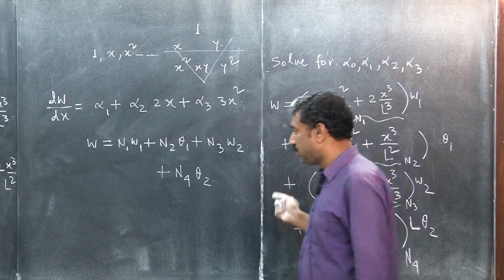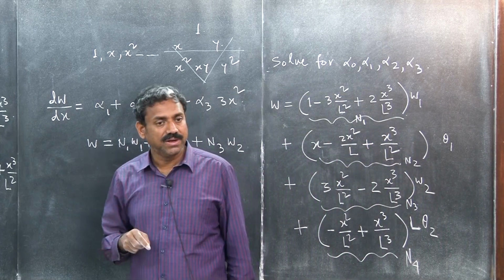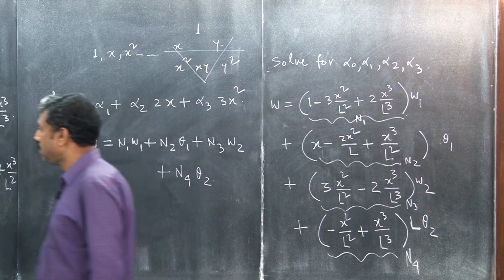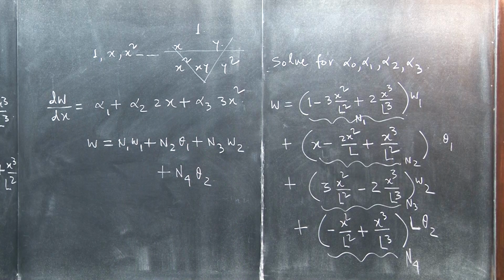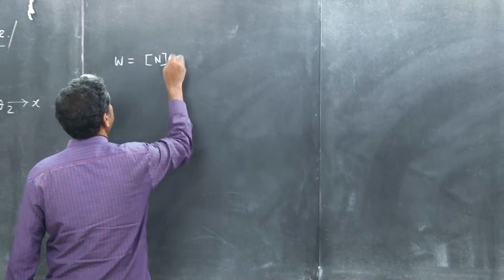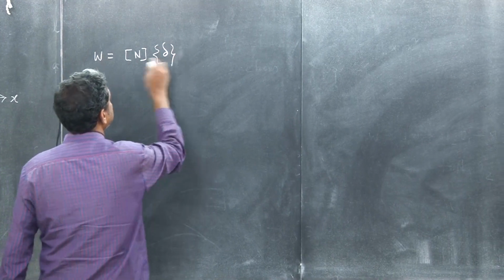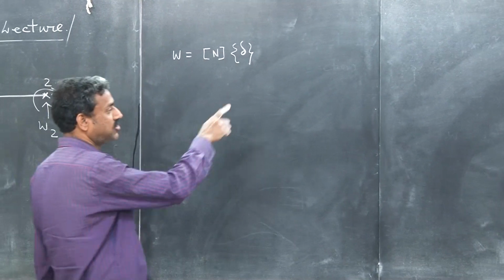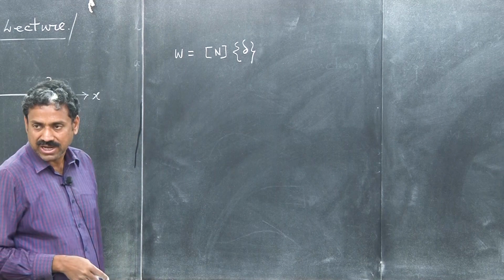Now, we have interpolated the displacement field using shape functions, right? Now everything is very simple. May I remove these things? All of you know these things; I am just refreshing and brushing up your little knowledge of finite element. So then W is nothing but N into delta, where N is N1, N2, N3, N4 and delta is W1, theta 1, W2, theta 2, right?